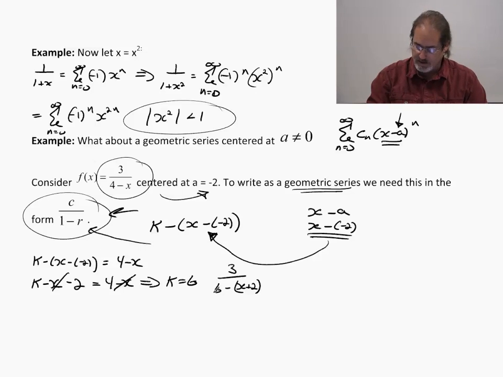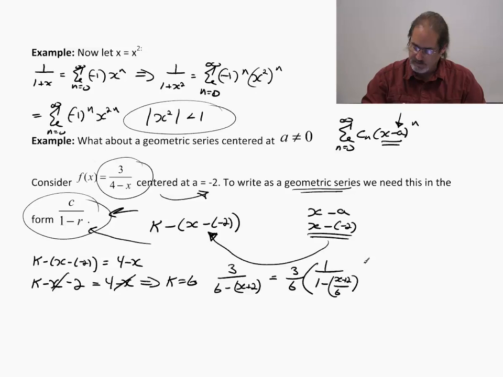So what I do is I'll factor out a 6. When I do that, I'm going to pull it to 3. I have a 3 over 6 times 1 over 1 minus (x plus 2) over 6. Now, this is what I'm thinking of as my r.